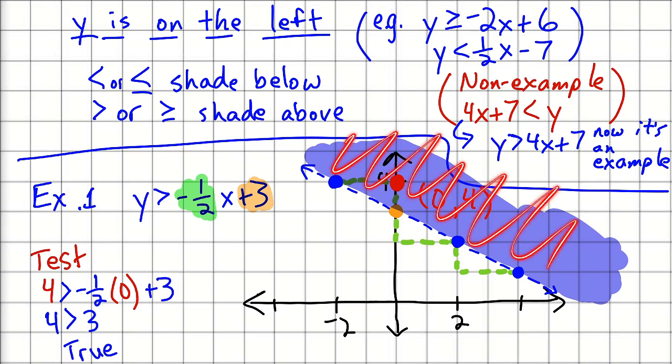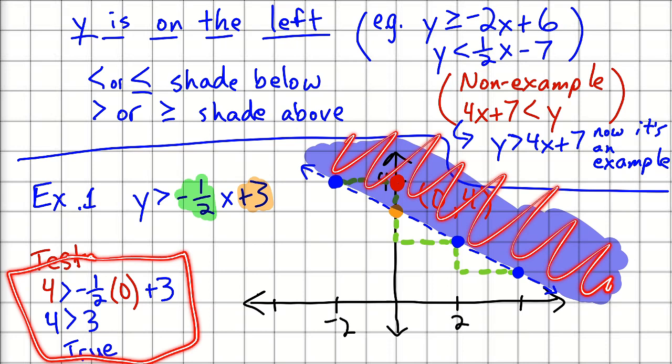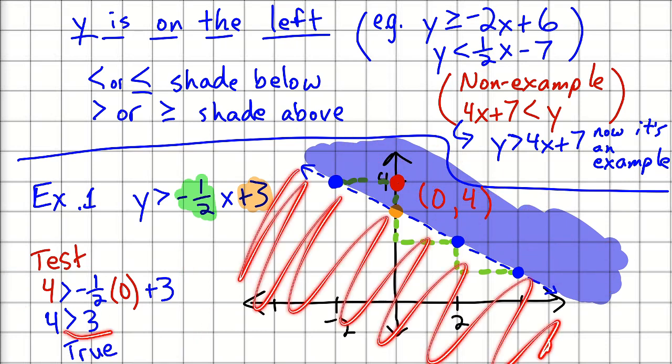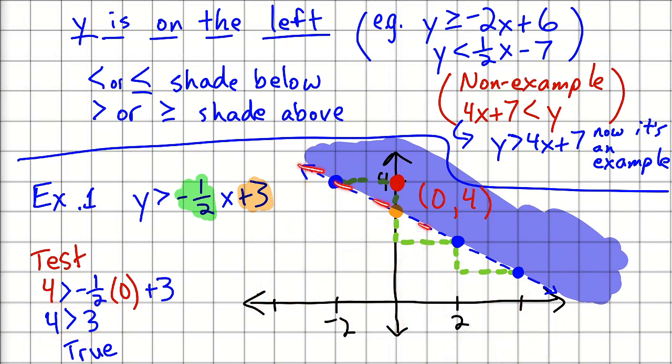Any point that we chose over here would come out to be a true inequality. Any point that we chose over here would come out to be a false inequality. And any point on the dotted line would also come out to be false. I'll show an example like that as well.